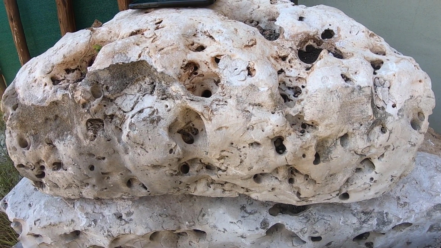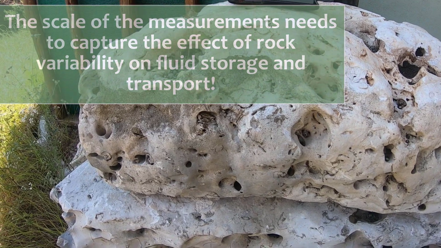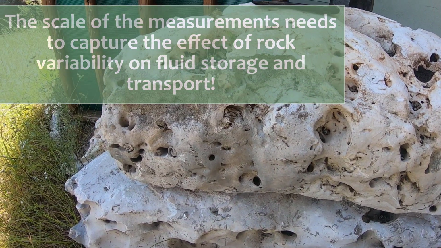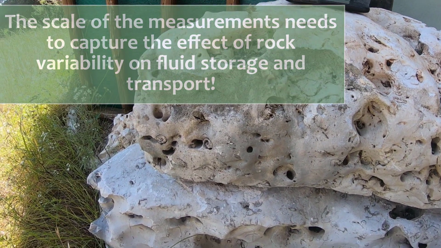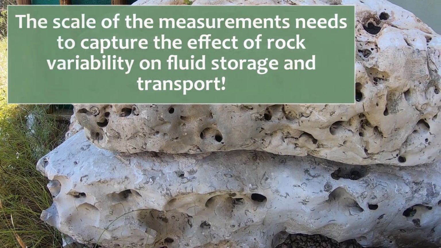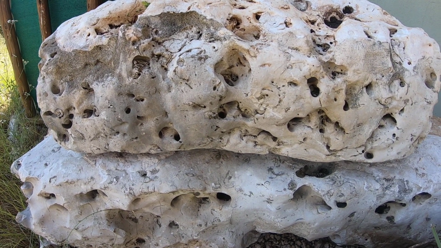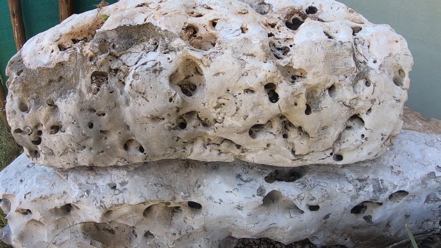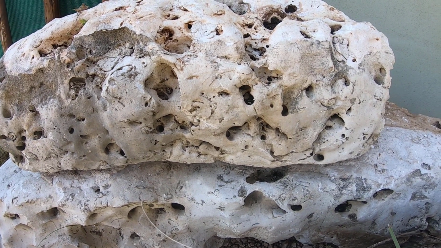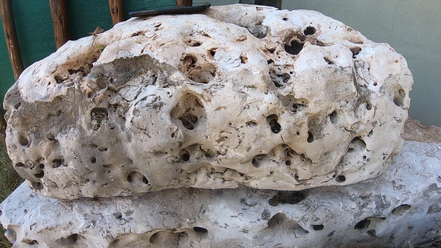And of course, the scale is very important because you can imagine that by looking at small blocks of these rocks and sending them to the laboratory, probably the measurements that come from those tests in the laboratory will not be reliable given the size of these features and the connectivity that they have, the scale of connectivity.